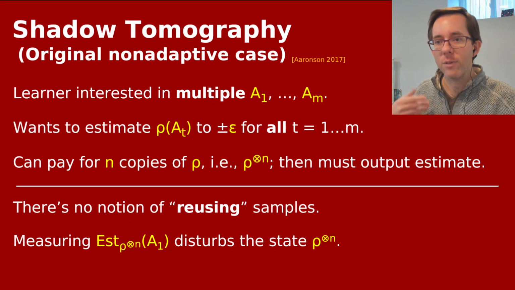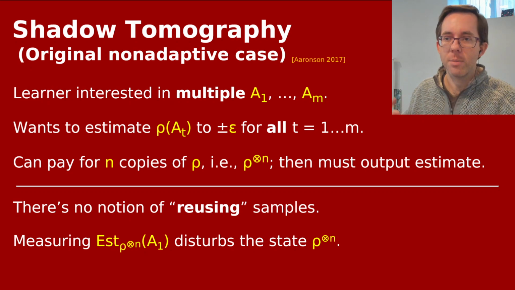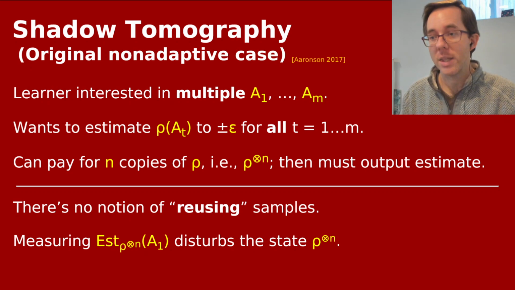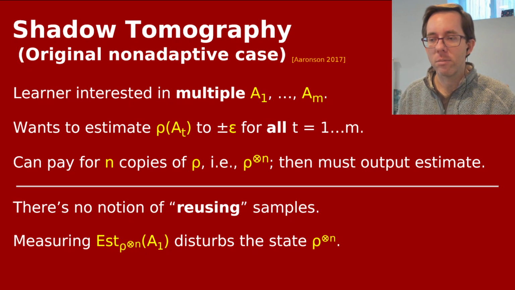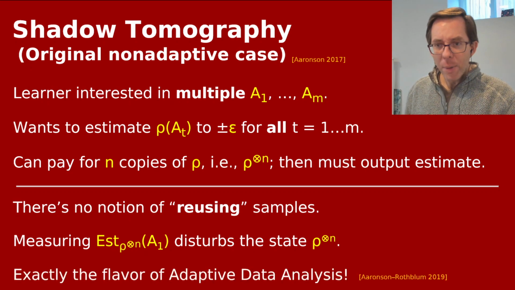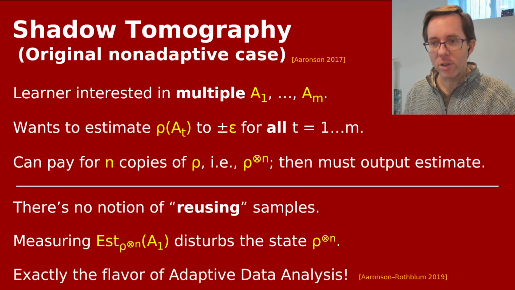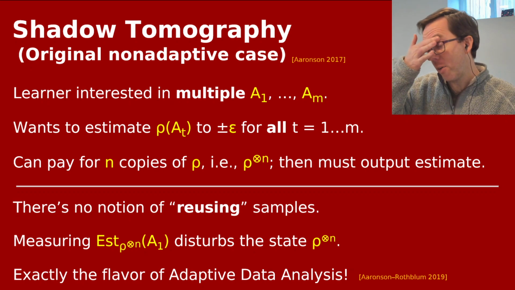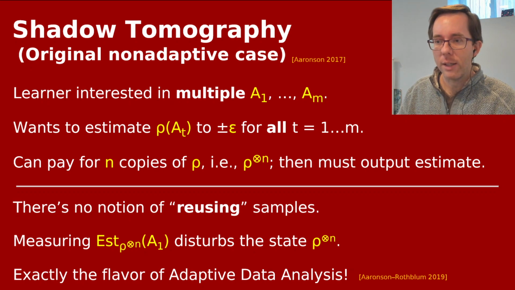So even if you tried this sequential idea and measured the second one with the same n particles, you wouldn't necessarily get the right answer. This has exactly the same flavor as the difficulty in adaptive data analysis. Somehow you've disturbed the state of your system by making your measurement.